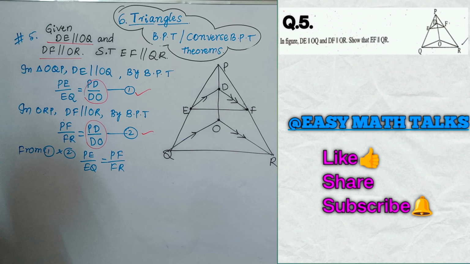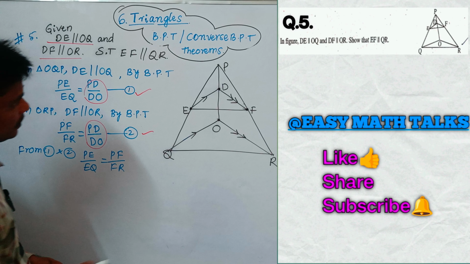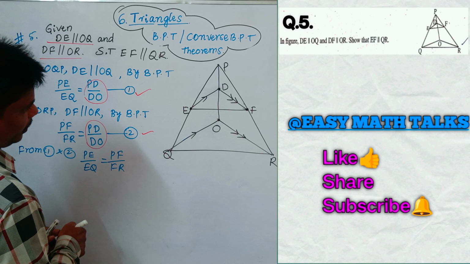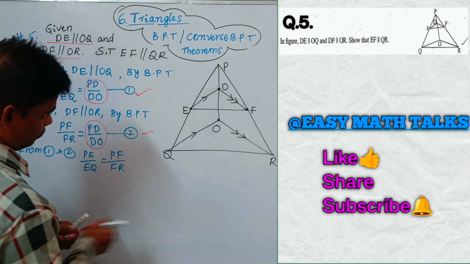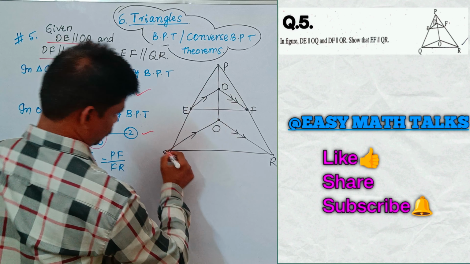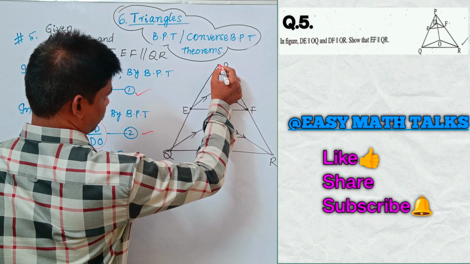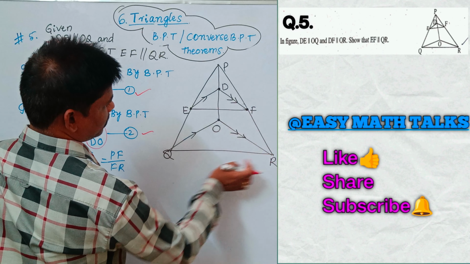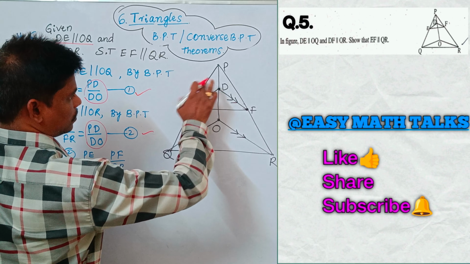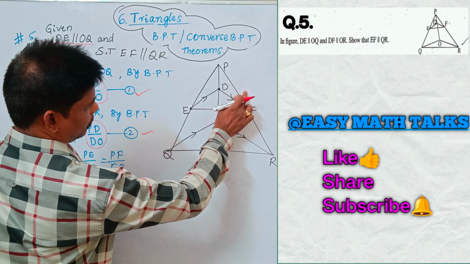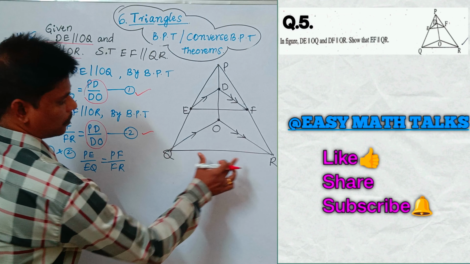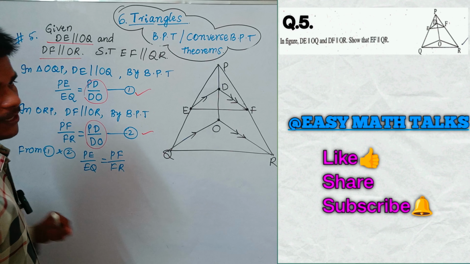Observe these two ratios in this triangle: PE by EQ and PF by FR. What is the meaning of this? The ratios are equal, which means EF is parallel to QR by the converse BPT theorem.